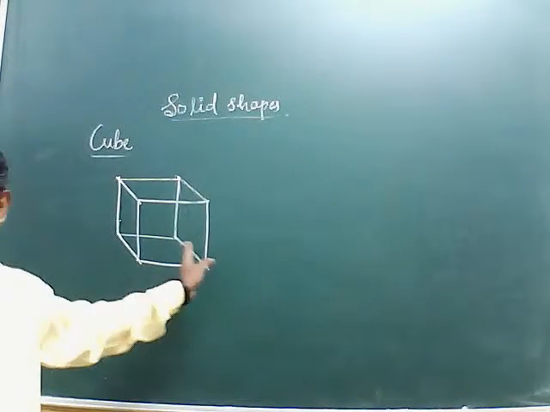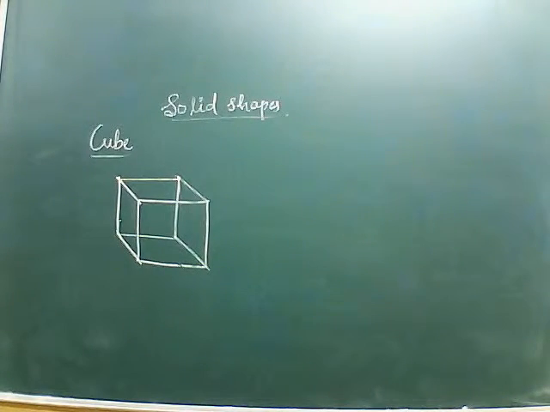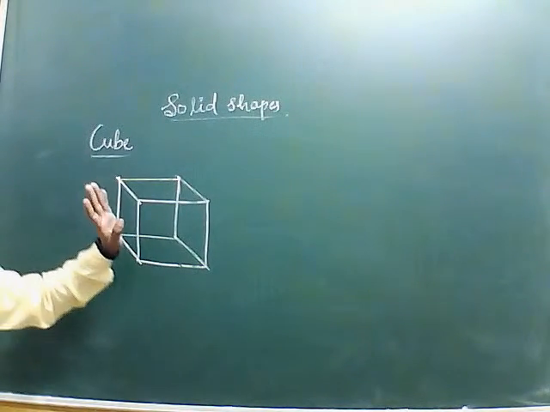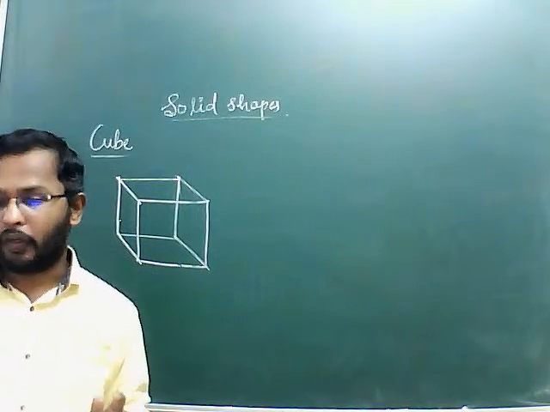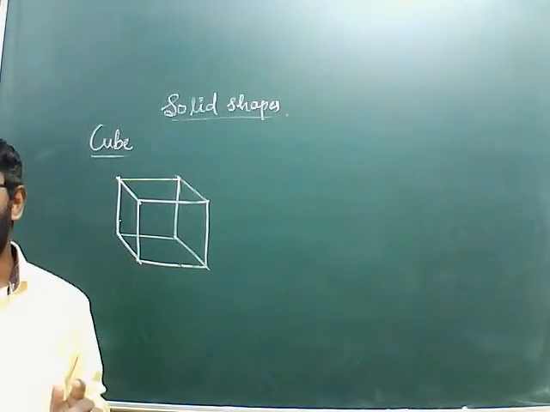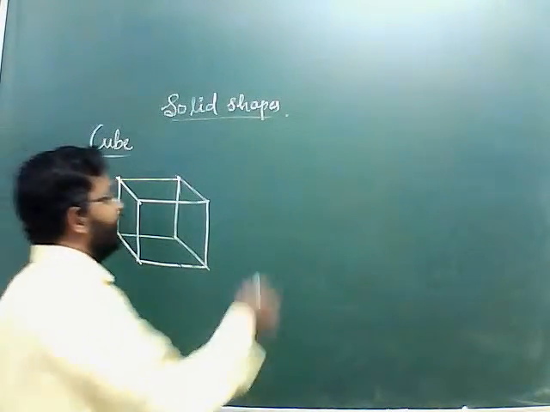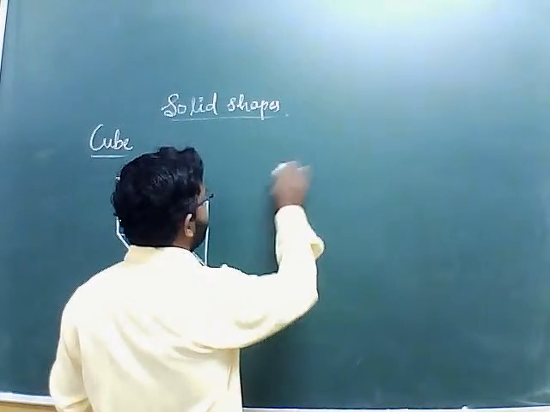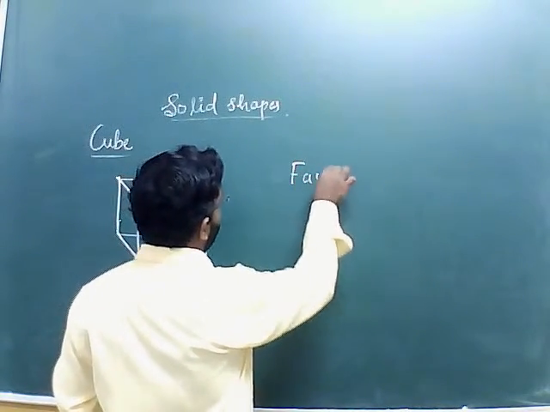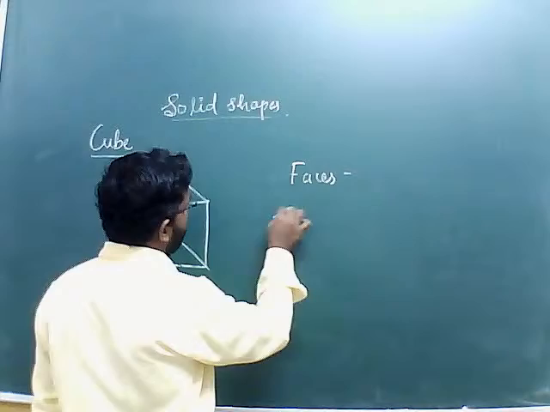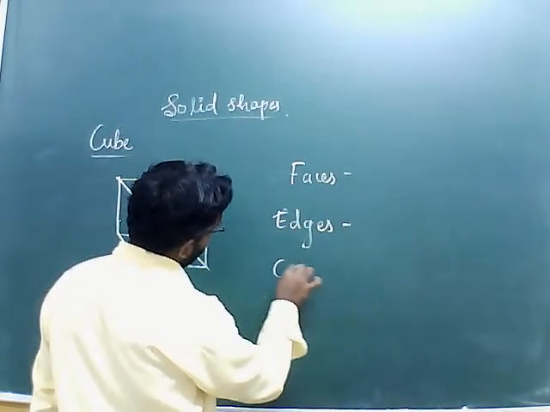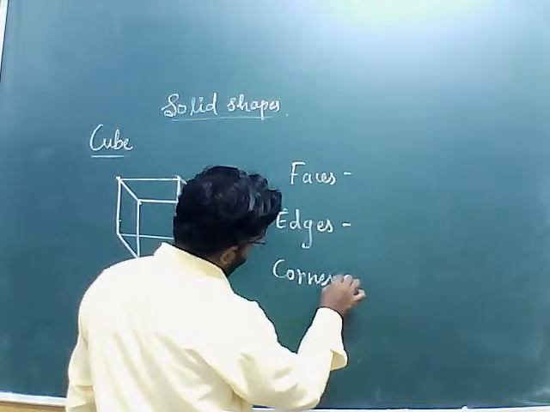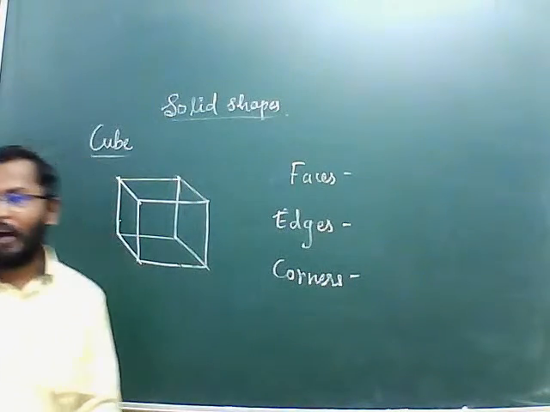So let's discuss at least the cube. In a cube, we have to count how many faces, how many edges, and how many corners there are. First let us count faces.